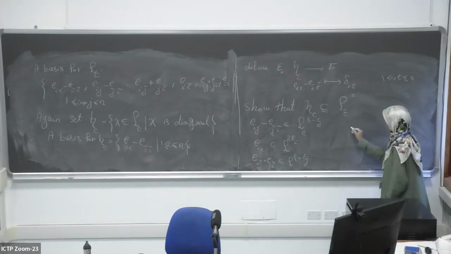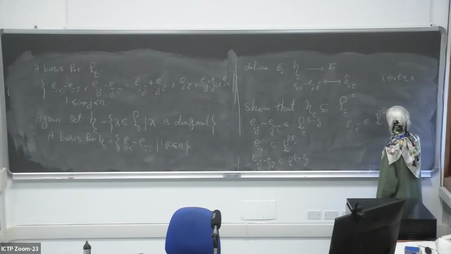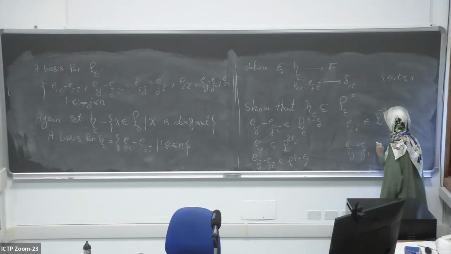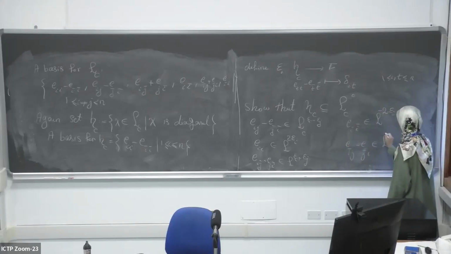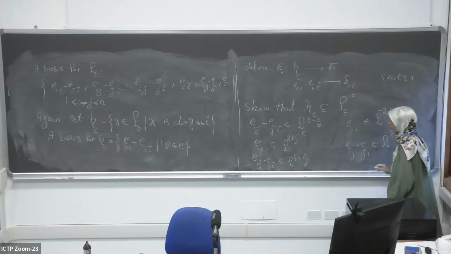Show that E_ī ī is an element of L minus 2 epsilon_i. And E_ī j minus E_j̄ i is an element of minus epsilon_i minus epsilon_j.